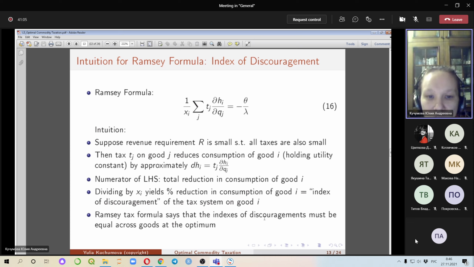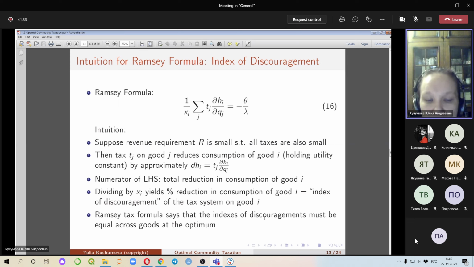The size of this reduction is dh_i, which is equal to t_g multiplied by the derivative of h_i with respect to q_g. So then the numerator of the left-hand side, this sum, gives us the total reduction in consumption of good i.